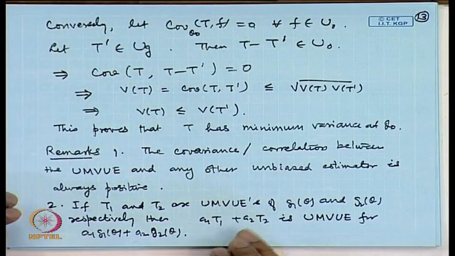That means some sort of linearity property is also true for the UMVUE. Although it is true for unbiased estimation, it is not clear that it will be true for UMVUEs, but that is true here.